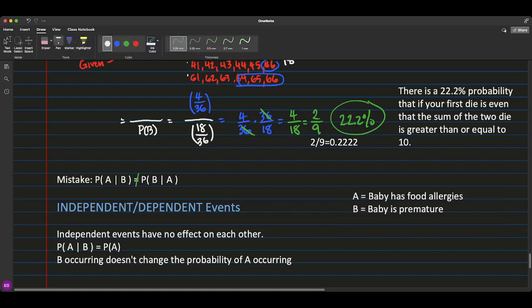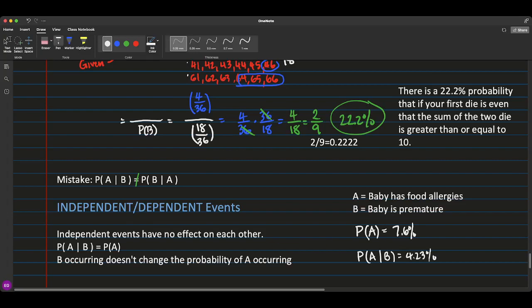So I looked into this, and I don't have the links anymore, but there's actual research backing this up. The probability that a baby ends up getting food allergies is about 7.6%. And the probability that a baby has food allergies, given that it was born premature, is about 4.23%.